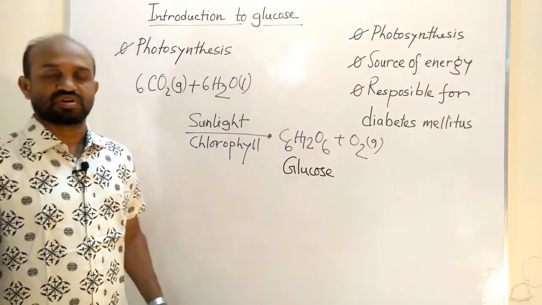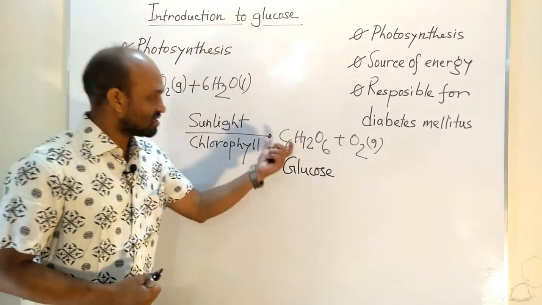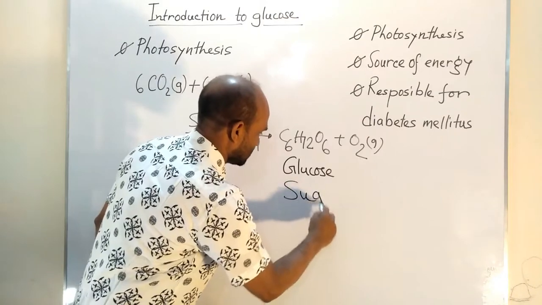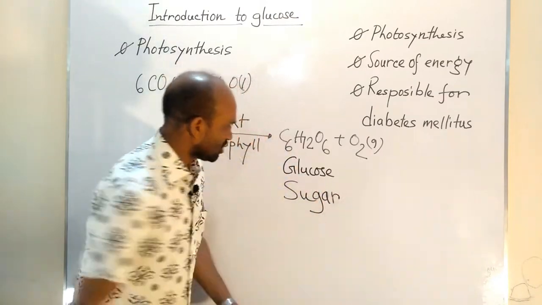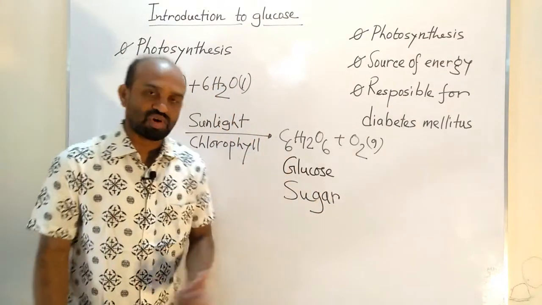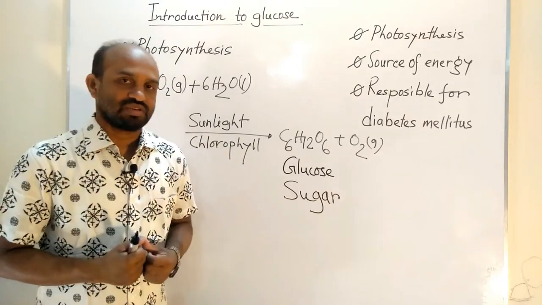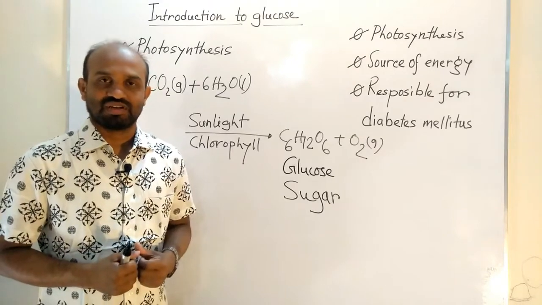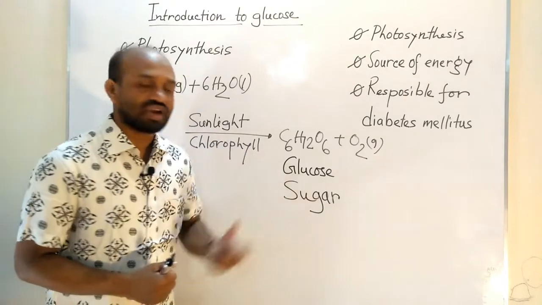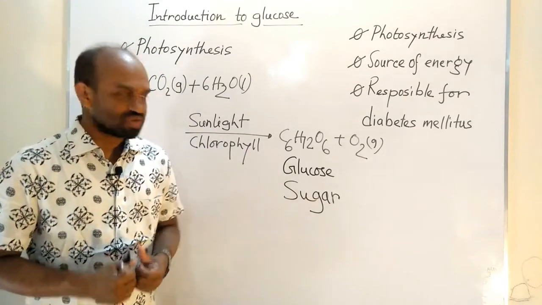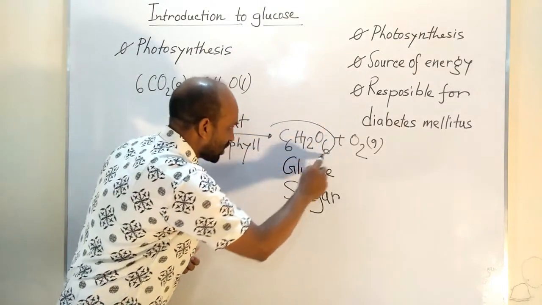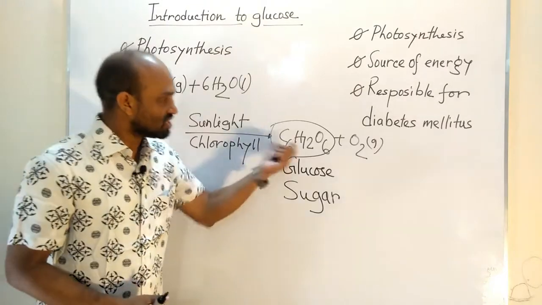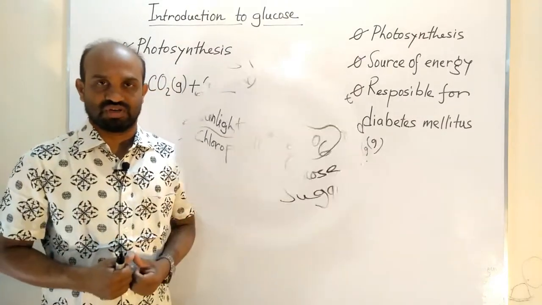It's a kind of carbohydrate, and it is also called sugar. What is sugar? The carbohydrate that is soluble in water, sweet in taste, and crystalline in structure. So since this compound possesses all these characteristics, it is said to be sugar.